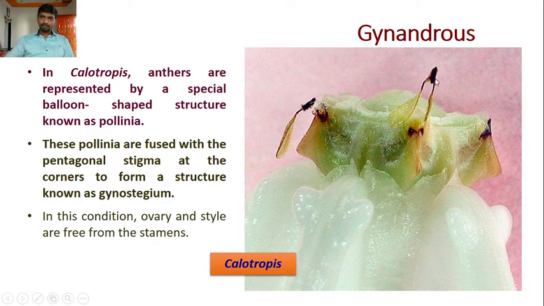The pollinia are nothing but the anthers, because in Calotropis anthers are represented by a special balloon-shaped structure known as the pollinia. These pollinia are fused with the pentagonal stigma at each corner, so it forms a structure called the gynostegium, for example in Calotropis. Okay, so this is the gynandrous condition.